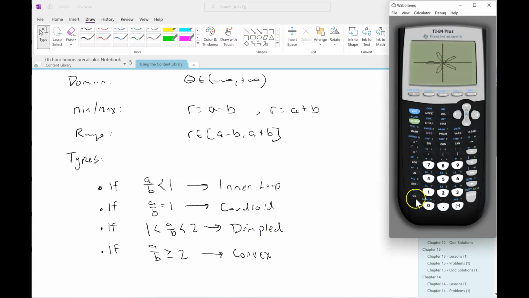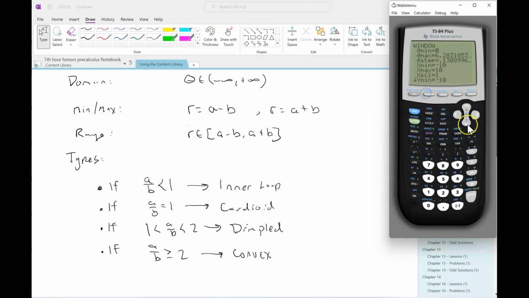Let me just graph a couple of these different ones for you to give you an idea. So 1 plus 2 cosine theta, a is 1 and b is 2. So this should be an inner loop. And actually, I'm going to turn off the axes to draw these pictures because it'll be a little bit easier to see what's going on.